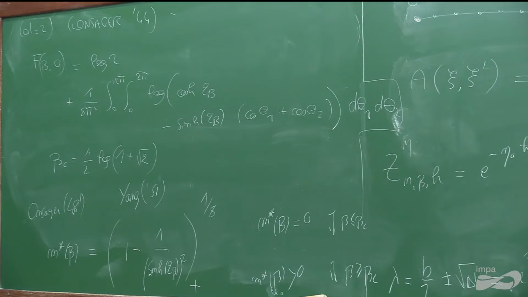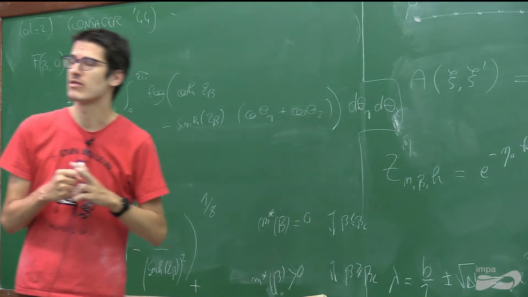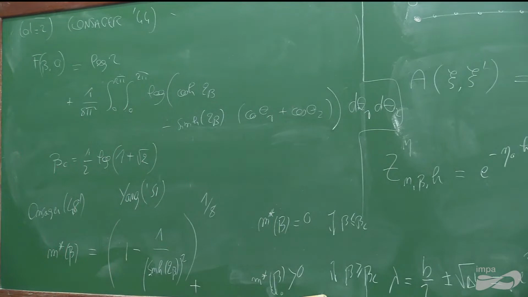But what we are going to do now is move forward and basically prove the existence of beta c without trying to compute its value. Which is already something interesting, and it shows that we have a phase transition in dimension 2 and also 3, and in every dimension larger than 1.